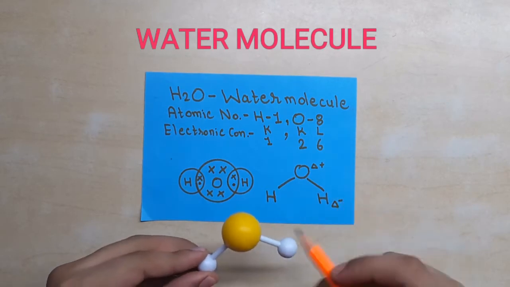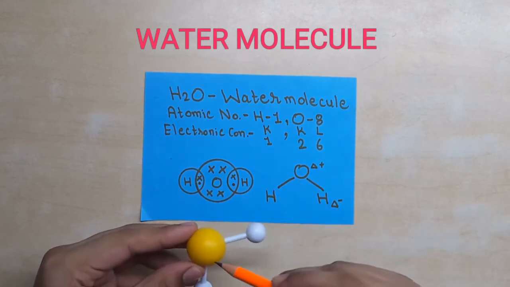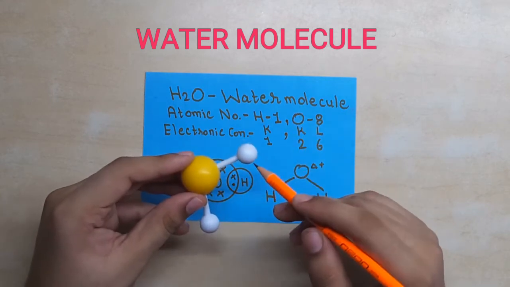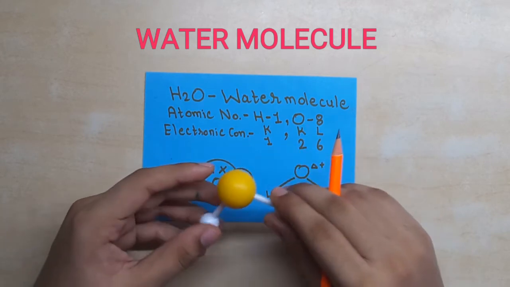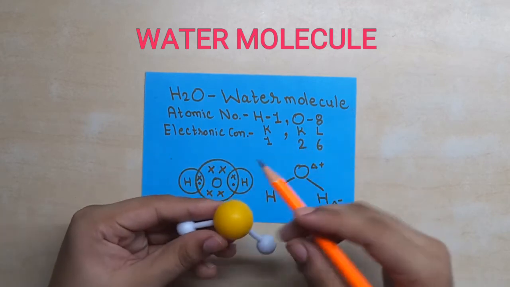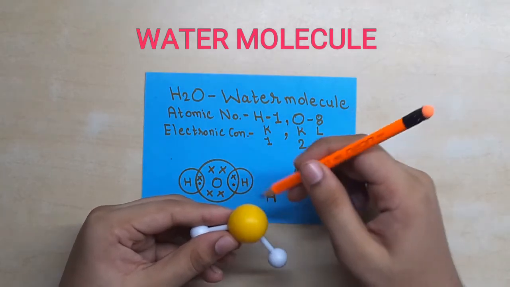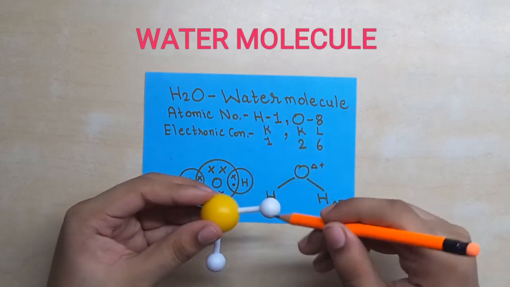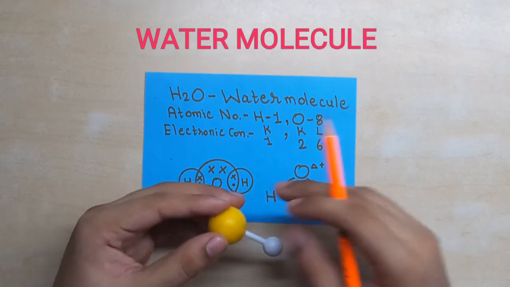So oxygen is a larger atom. It has 8 protons and 8 neutrons, and hydrogen is a smaller atom with only 1 proton and 1 electron. So the negativity in this region of oxygen is more than here at this hydrogen and at this hydrogen.